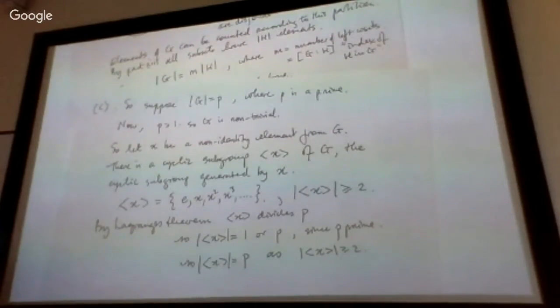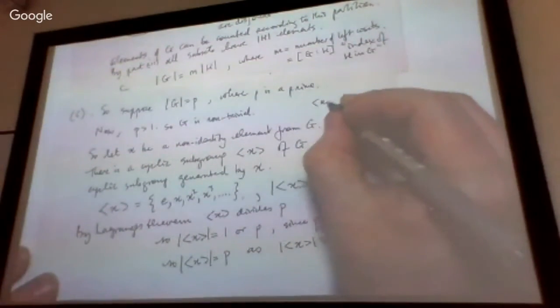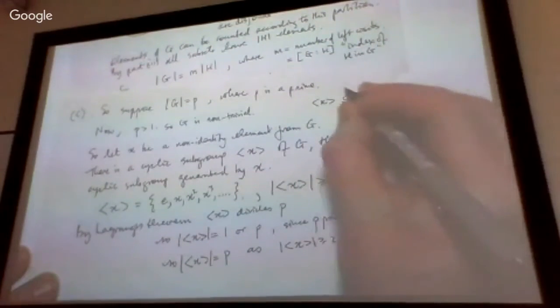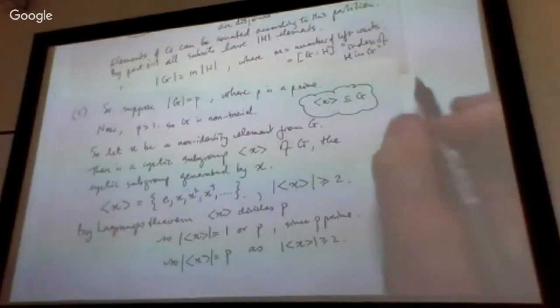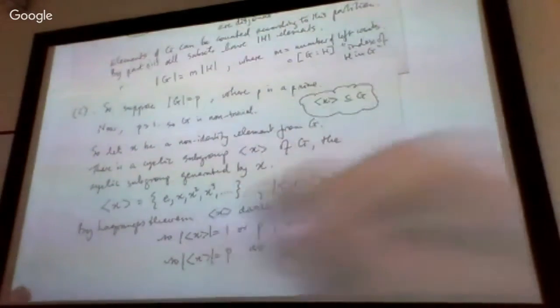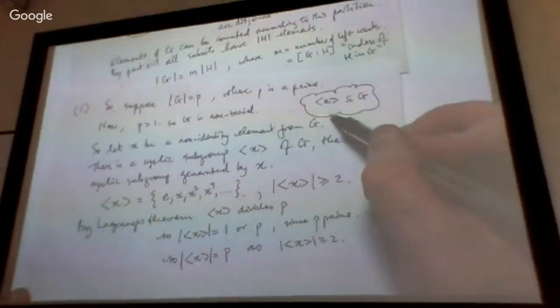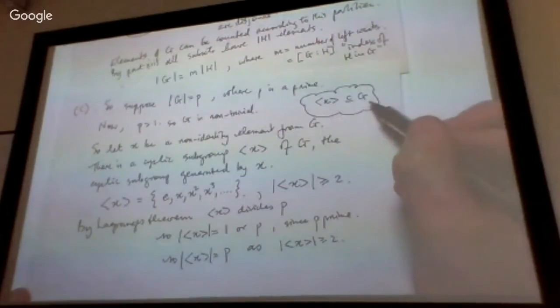So what have we proved? We always know that the cyclic subgroup generated by X is a subset of G. But now we know that there are P things in this subset, and G only has P things in it.